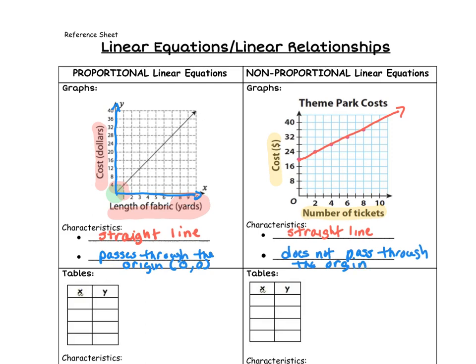What I do want you to notice also, and this will become important as we start discussing this, is that it doesn't pass through the origin. However, there is a point on this y-axis. In fact, this particular graph starts on the y-axis right there. And if I look at this, the numbers I see are going up by 8.